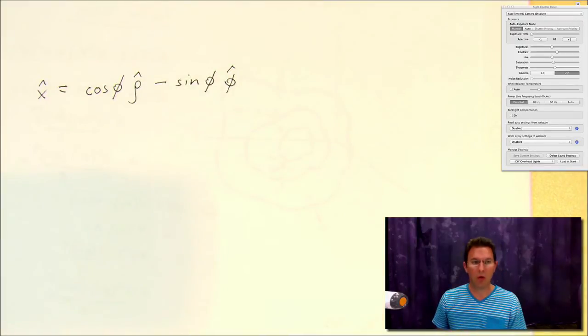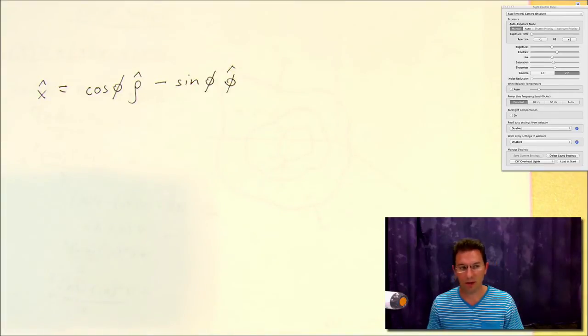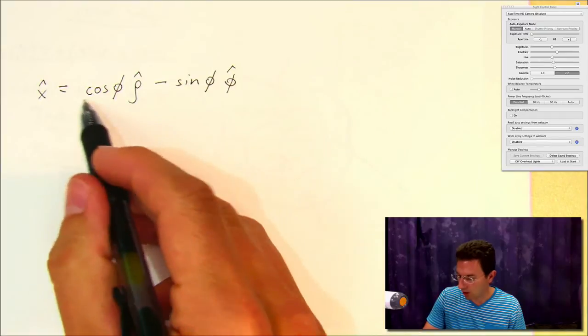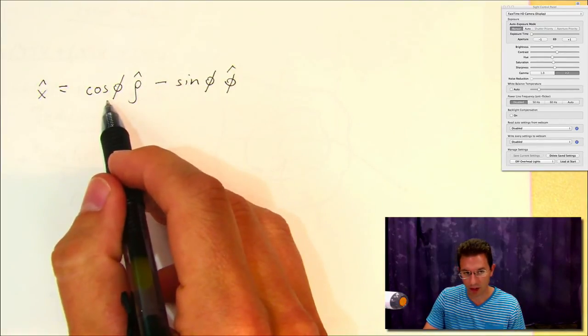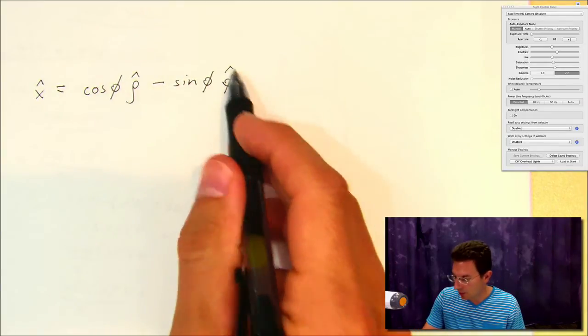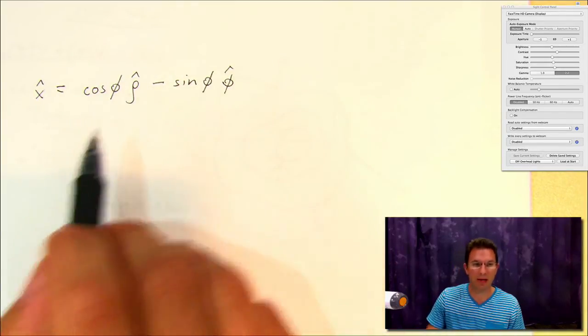Okay, so all I'm simply saying here is that what you just saw graphically can be represented algebraically here. The x hat vector has two components, one along the rho hat vector, which is cosine of phi, and another component along the phi hat vector, which is minus sine of phi.